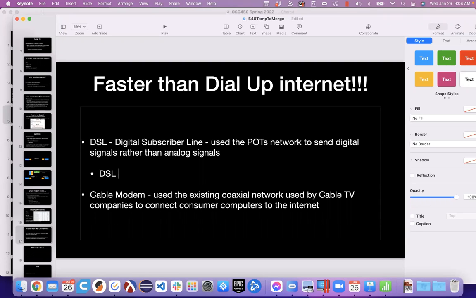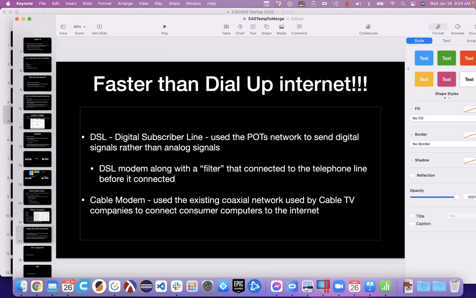But this would have a DSL modem along with a filter connected to the telephone line before it connected to the modem. So we're going to be closing some gaps here. So we're just going to talk about DSL here for a second.